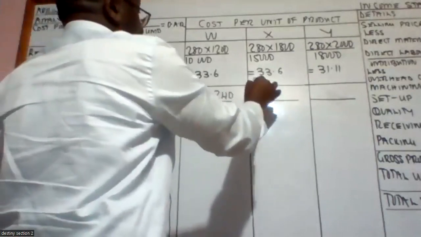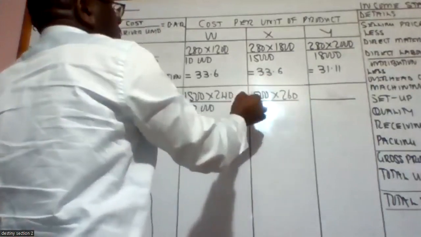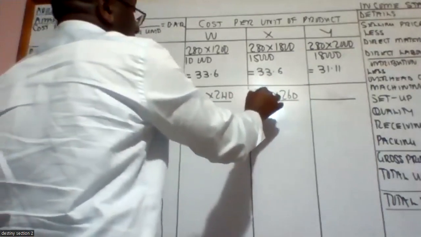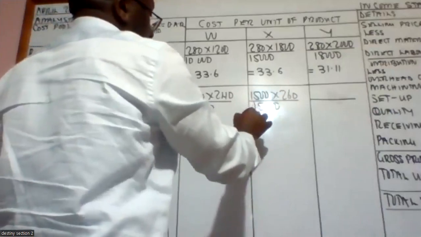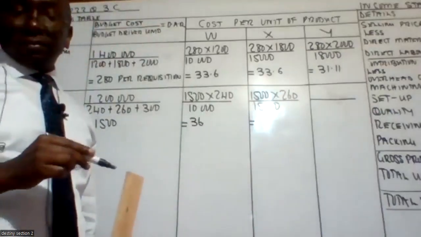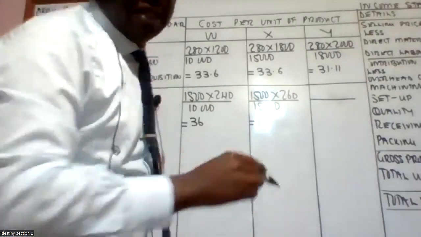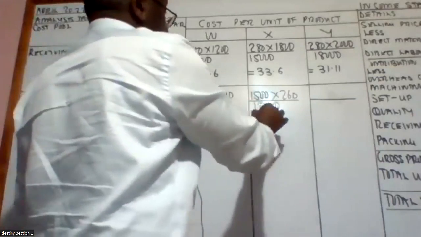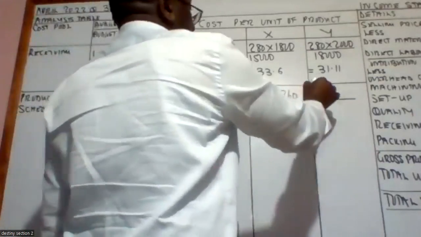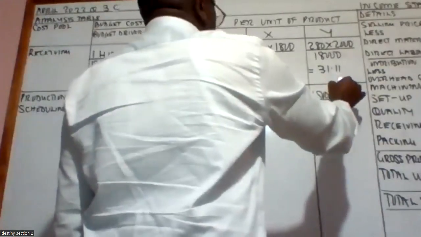Then 1500 times 260. You divide by 15,000. That is 26. Then 1500 times 300.